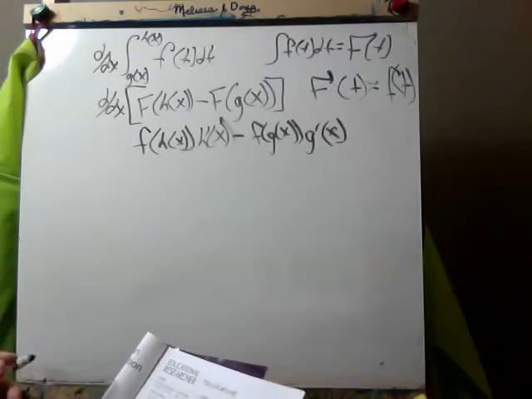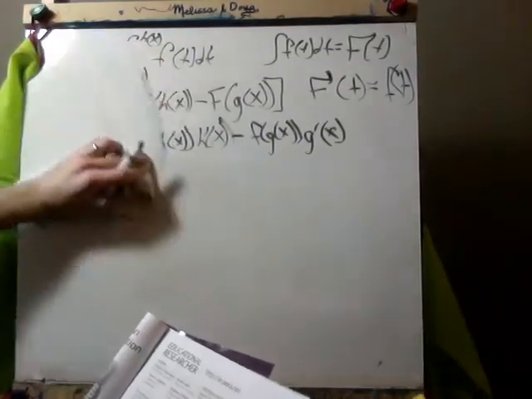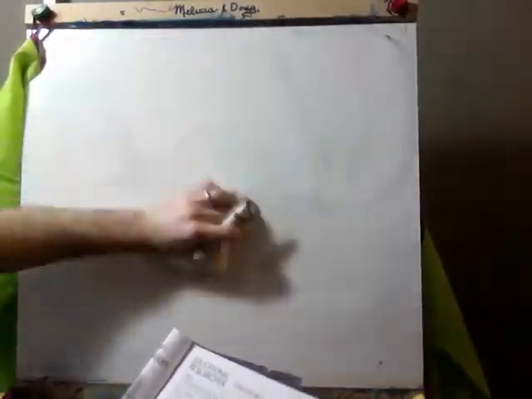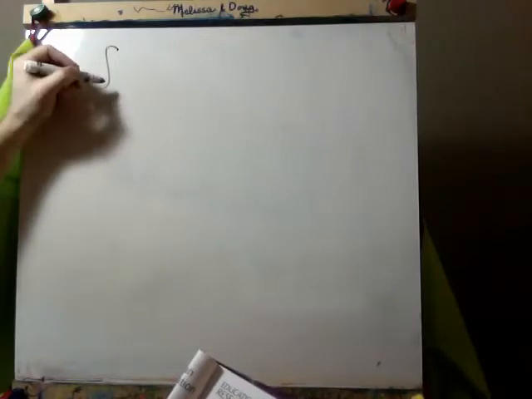Okay, another thing to think about that we'll deal with from the practice. Let's go ahead and erase this. Okay. So say we've got some integral, and we don't know it.